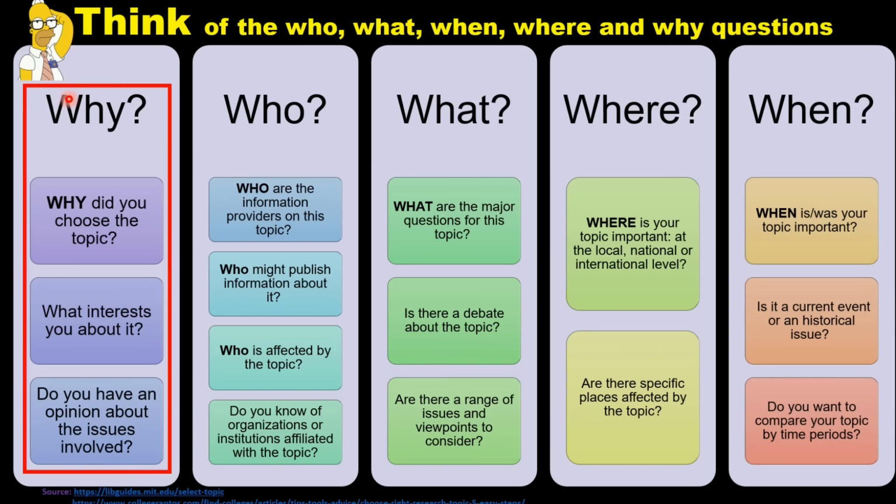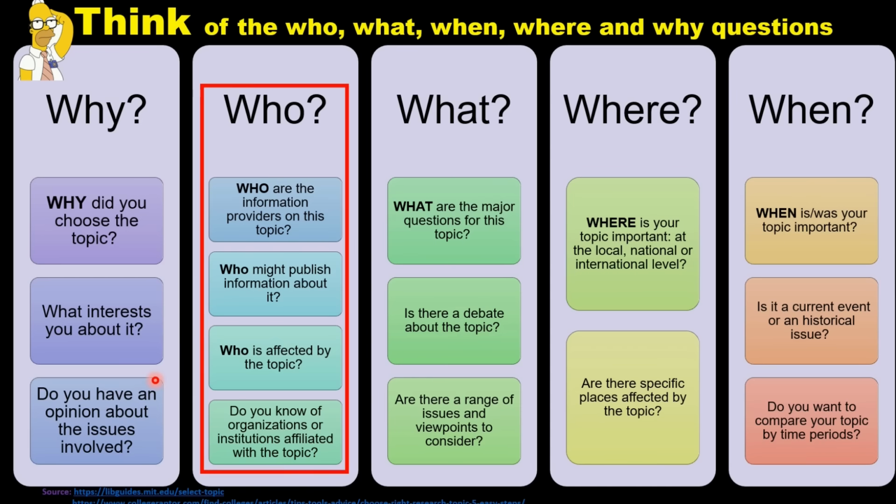In this section, use reverse thinking approach. Basically, why you choose this topic, why is this research topic or area important and interesting to you. Think what opinion about the issues involved in it you have. So it is very important to consider this.